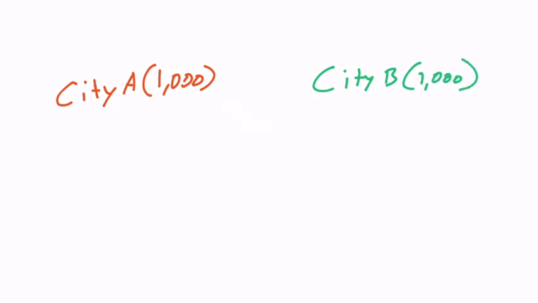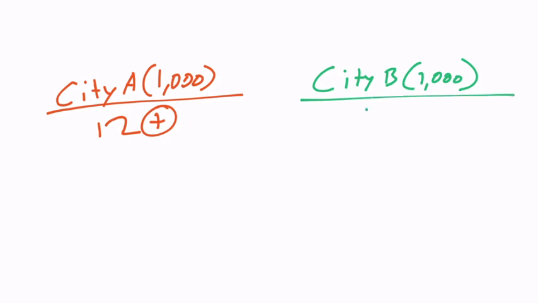So we measured the lead levels in people in two cities. City A had 1,000 people and city B had 1,000 people. In city A, there were 12 people with a positive lead level. In city B, there were 400 people that were positive.